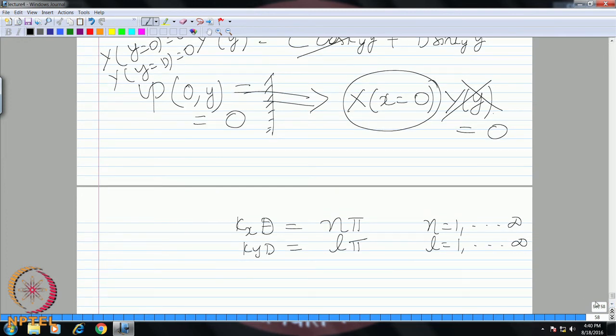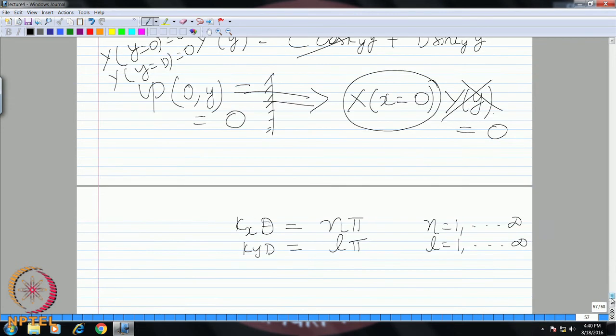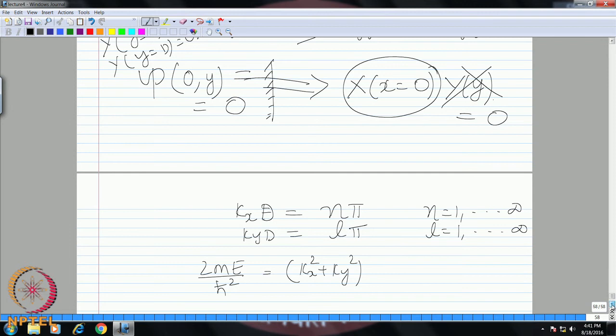So, finally, how do we determine E? 2mE by h bar square is equal to k_x square plus k_y square.